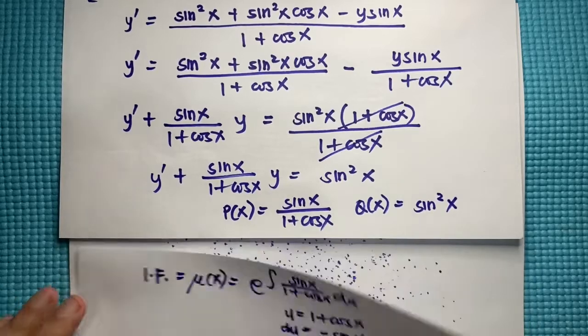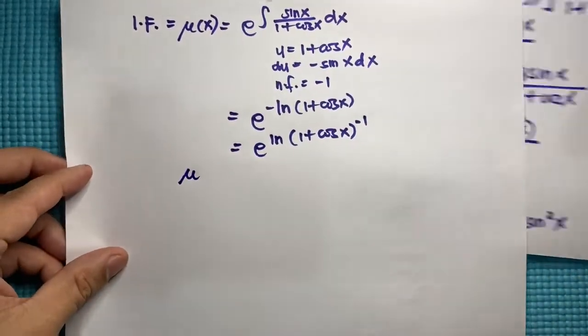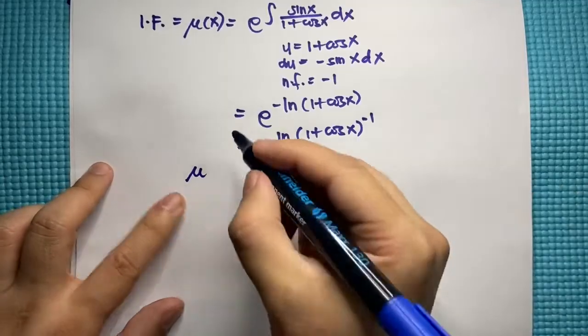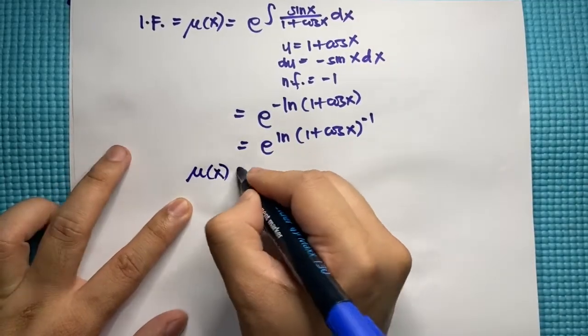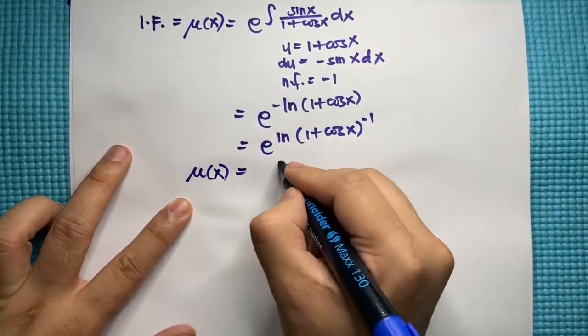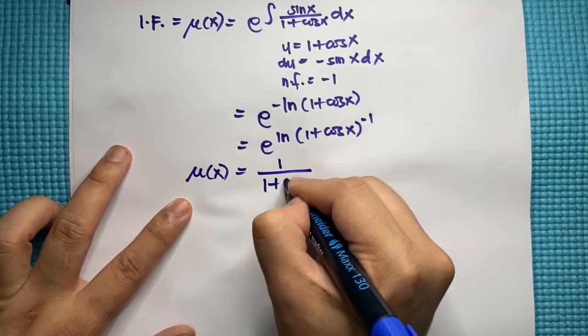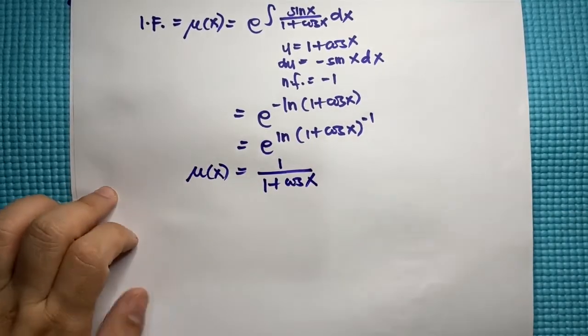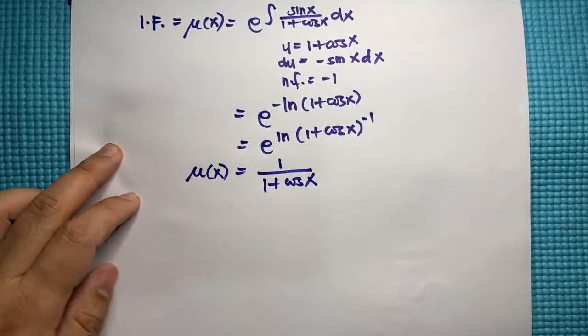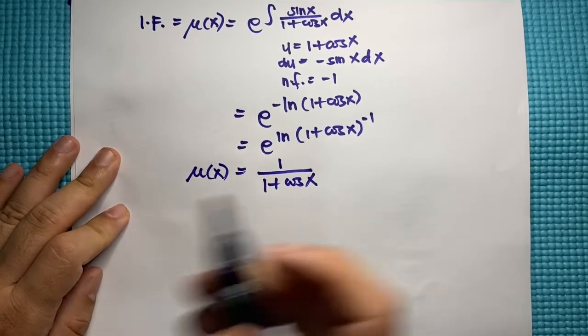And our mu of x would then be equal to 1 over 1 + cos x for our integrating factor.